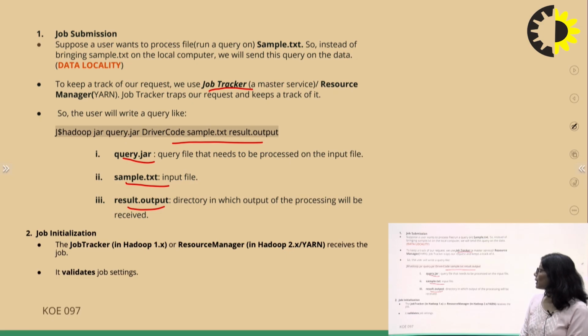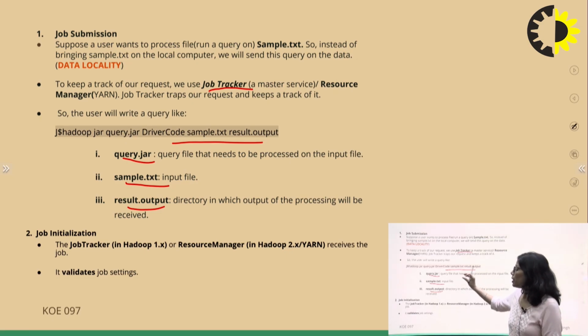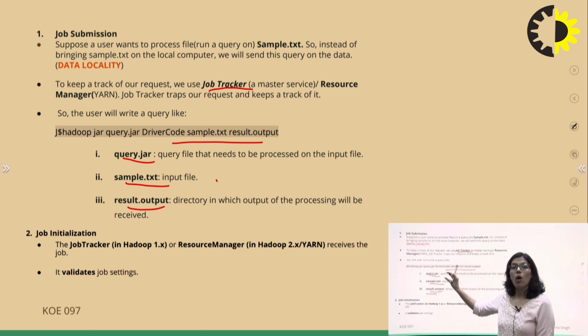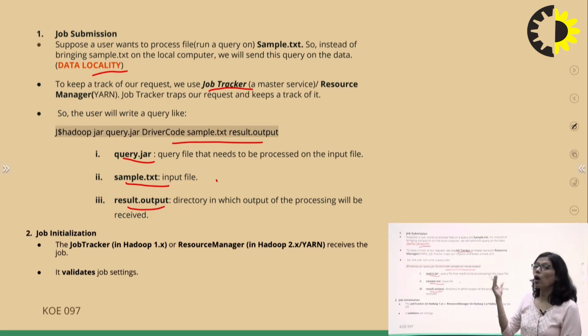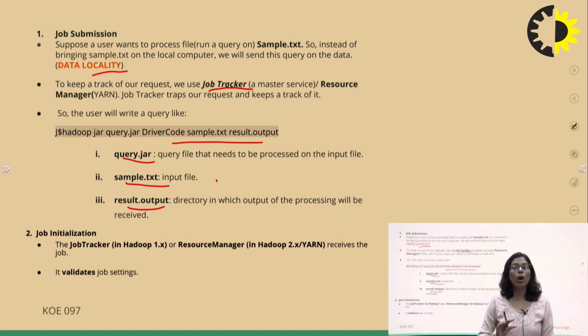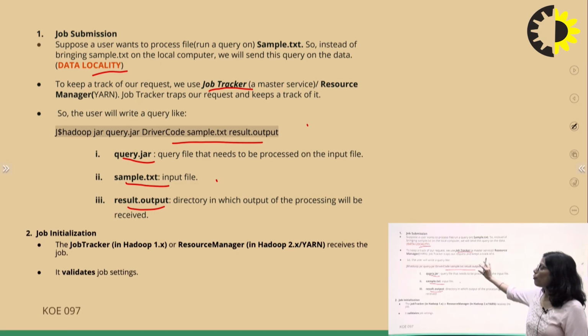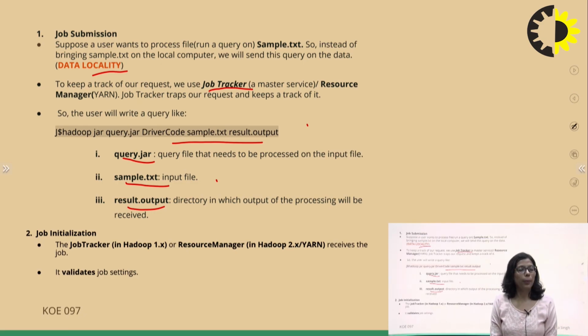Now, you can see that instead of bringing the data to the query or the processing element, we are bringing the query to the data. That is your concept of data locality. So we will not be bringing the data to our system. I will send my query to that data, and for that, I will make this statement: I will give my input, my output file, and then my query.